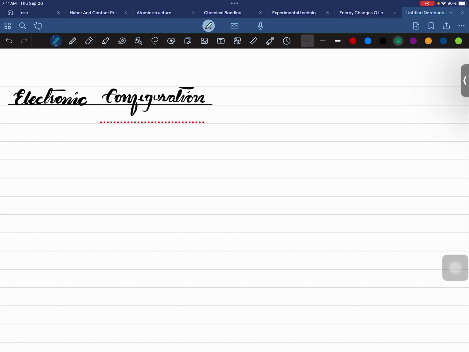Basically, we have to arrange electrons in different subshells, or you can say in different orbitals. So here are some rules for electronic configuration.